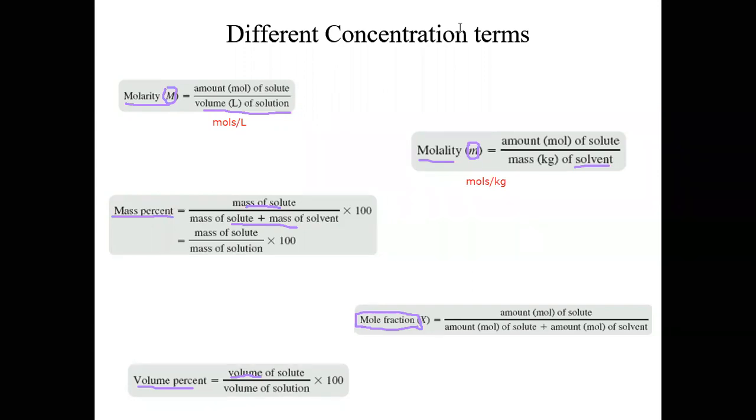And these assumptions are important. If you don't remember the assumption, then you're not going to be able to convert to the different concentration units. For example, if we're given molarity, we may have to find mass percent and molality, or we're given mole fraction, calculate mass percent and molarity. So you're going to interconvert between all of these.